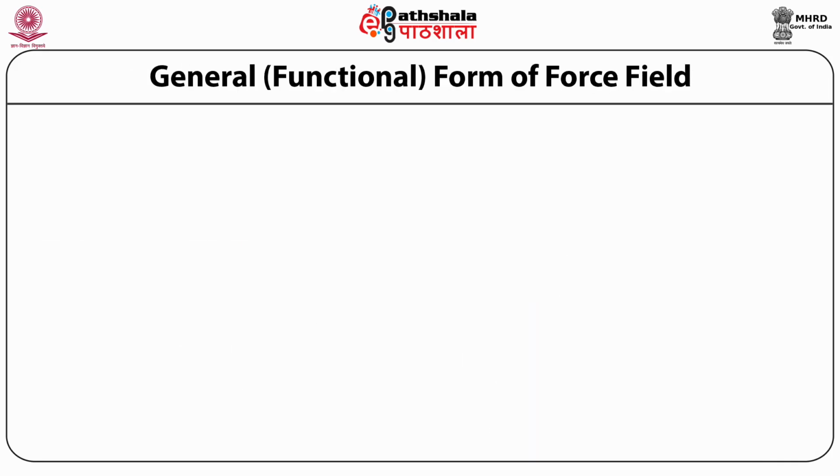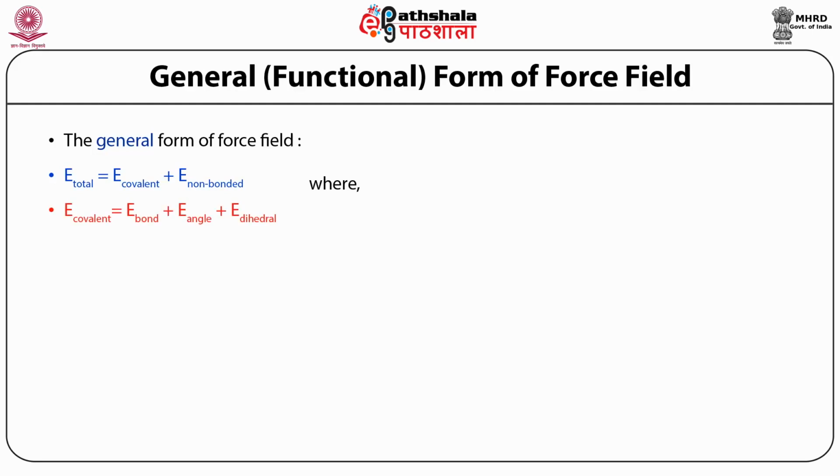Here I show you the general form of a force field. Actually, the form should contain, on the left hand side, E total, which contains the E covalent bonds or bonded expression and non-bonded expressions. So, the covalent bonded expression should include the three bonded terms and sometimes even more, which I will show you later.